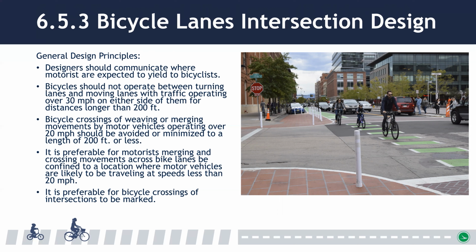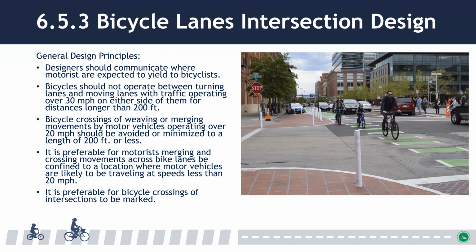To minimize the potential for conflicts, designers should adhere to the principles listed on the slide. Each of the subsections in the guide follow these principles of using markings and signing and designs that communicate yielding location, keeping merging and weaving areas short in length and with low speed, and marking crossings to reinforce space where bicyclists are expected.